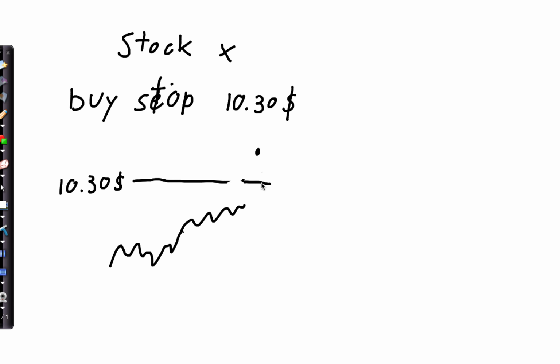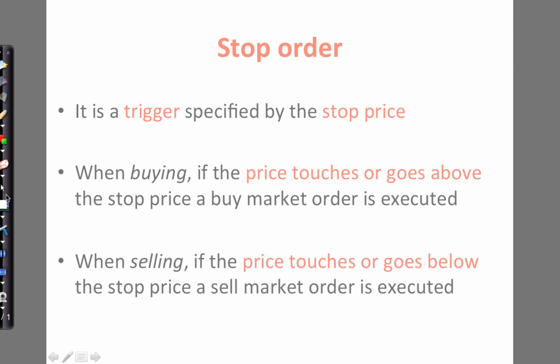Then the order will be triggered as well. So no need for the price to touch this level. As soon as it is equal or larger than this, order will be triggered. Okay, so a market order will be executed.